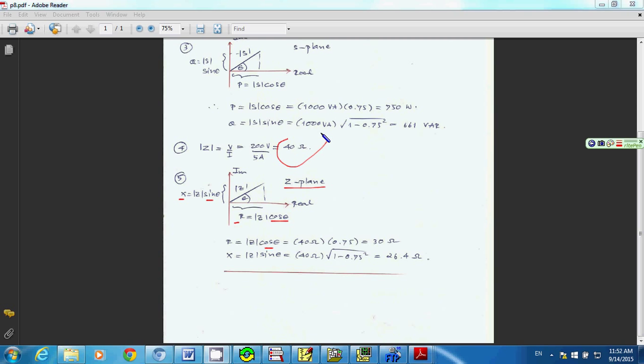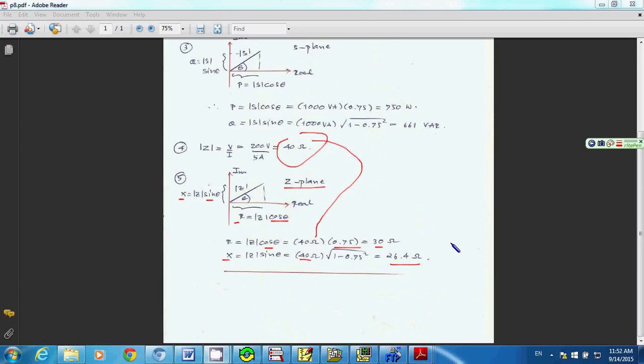You already have the magnitude of Z, which is 40 ohms, and cosine theta, the power factor, is given, right? 0.75. So it gives you resistance equal to 30 ohms. And your reactance is equal to the magnitude of Z multiplied by sine theta, which is 40 ohms multiplied by the square root of 1 minus cosine squared. So that gives you 26.4 ohms, right?